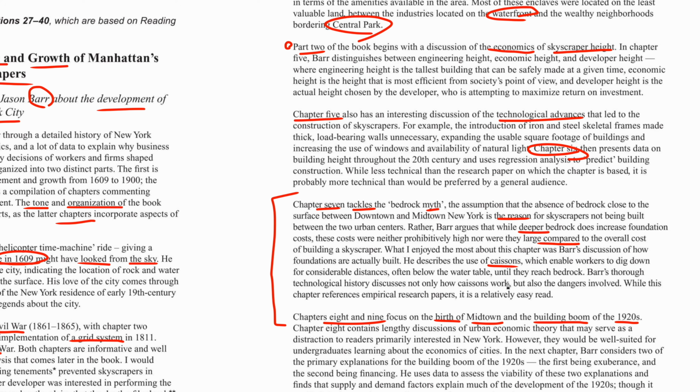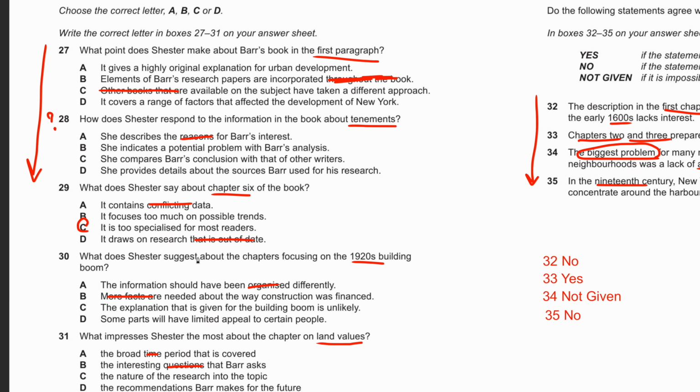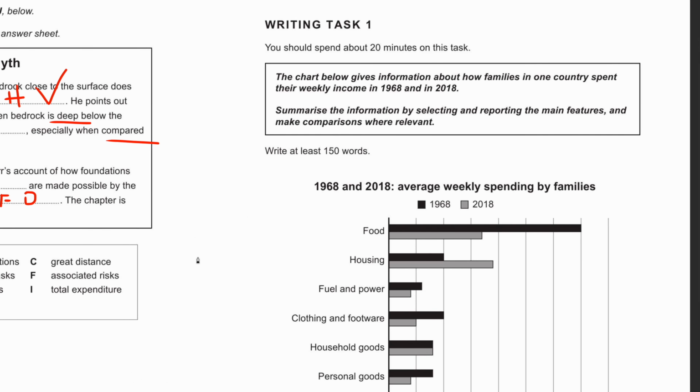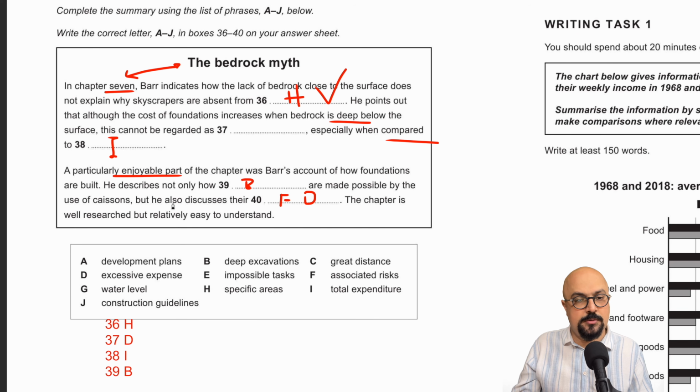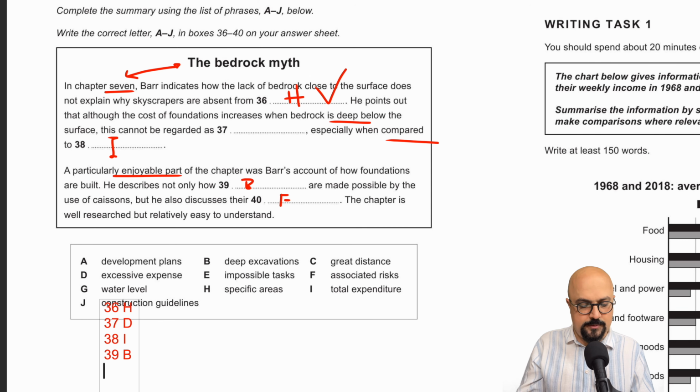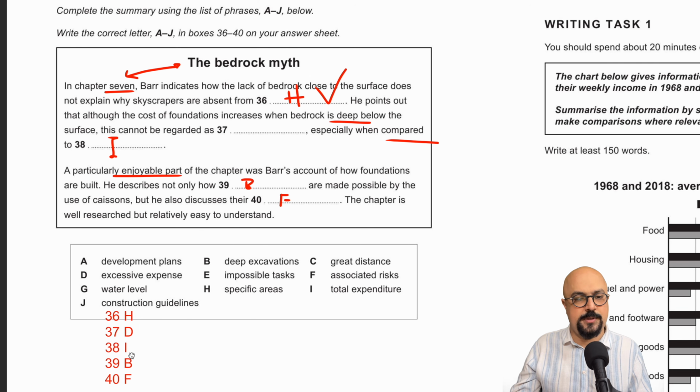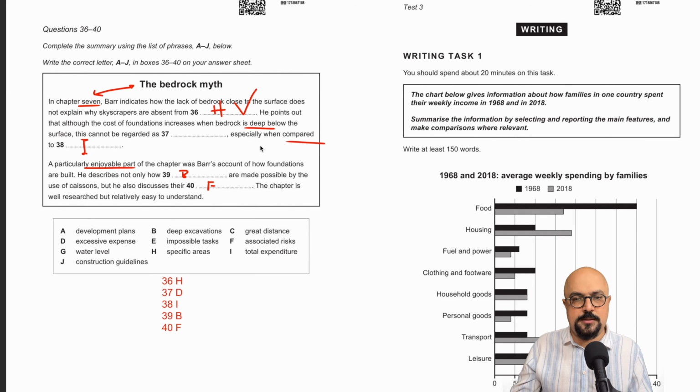Not only, but also. So there's a discussion, the word discuss here. It says, but also discusses their, so dangers, risks, associated risks. So it's definitely F then. So 40 would be F. There we go. So we got all the answers, right?